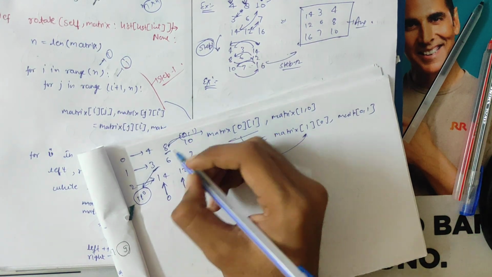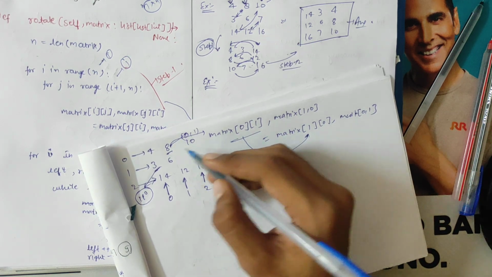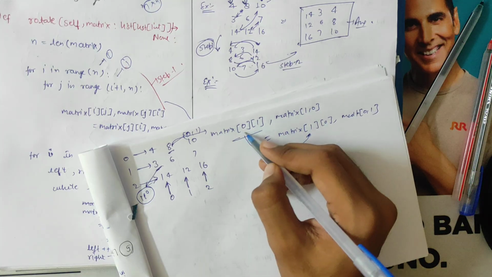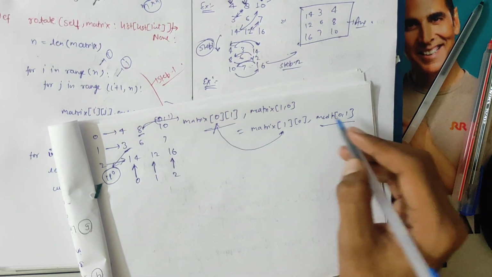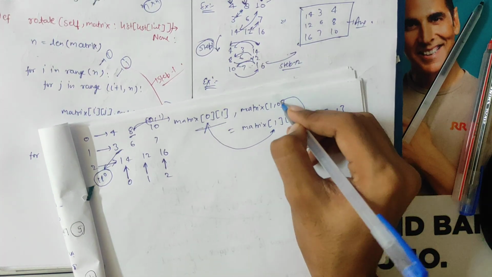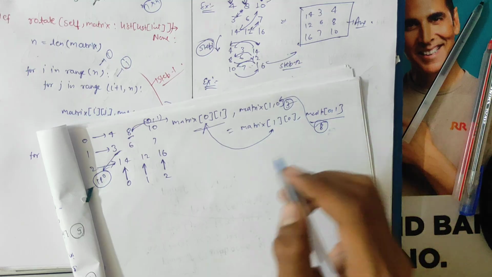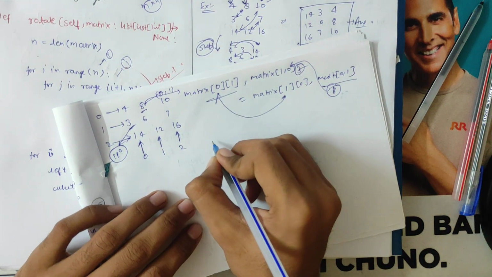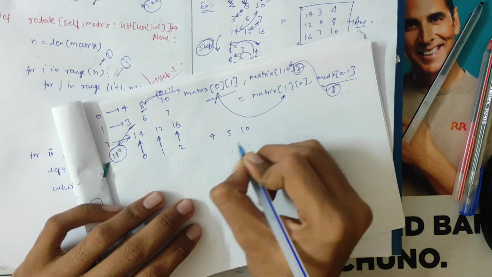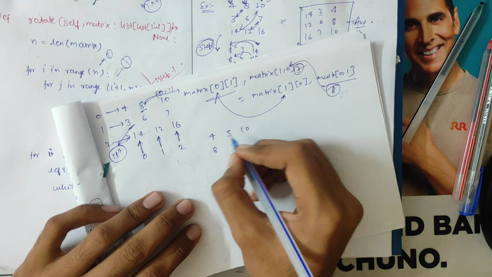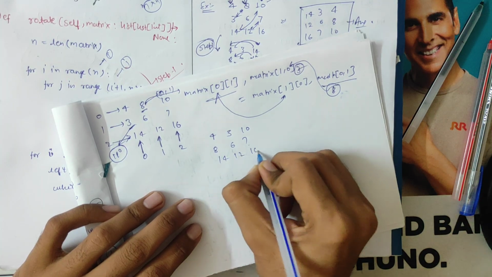So 3 will go to 8's place, and 8 will go to 3's place. So this will get swapped. Now the matrix will look like 4, 3, 10, 8, 6, 7, 14, 12, 16.